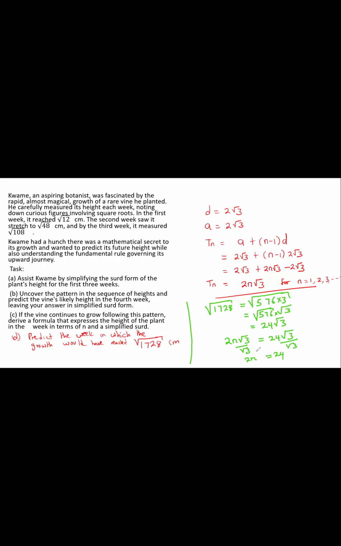Then when you divide both sides by 2, you get n is equal to 12. So the vine would grow to reach root of 1728 in the 12th week. Then that will be your response.